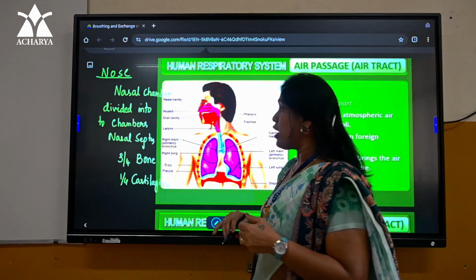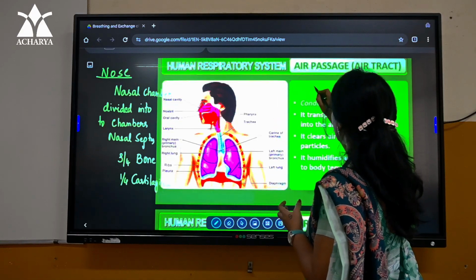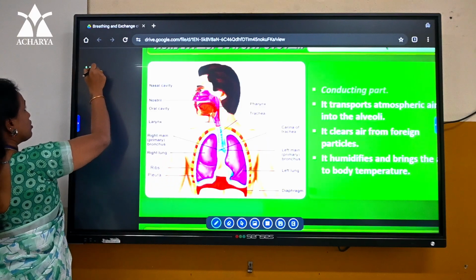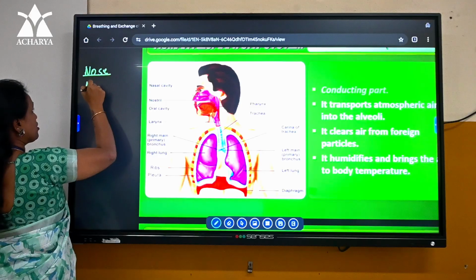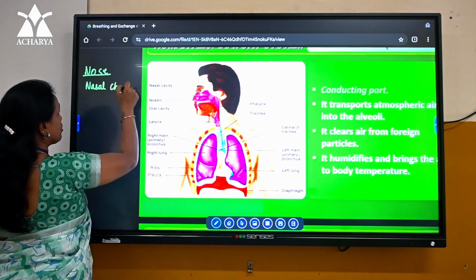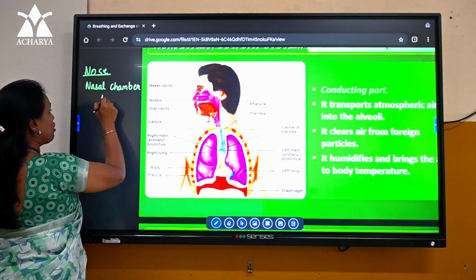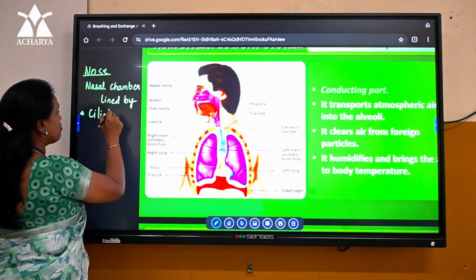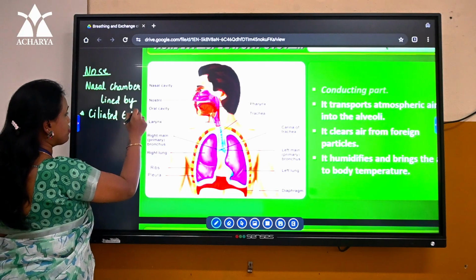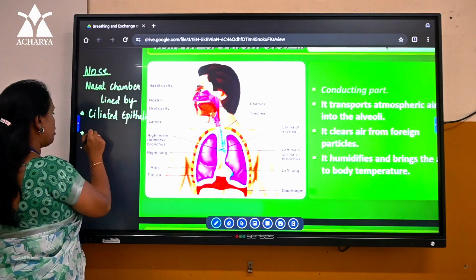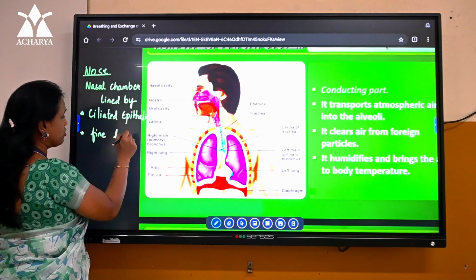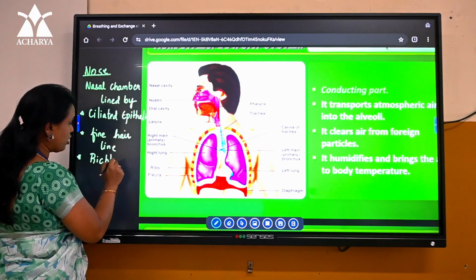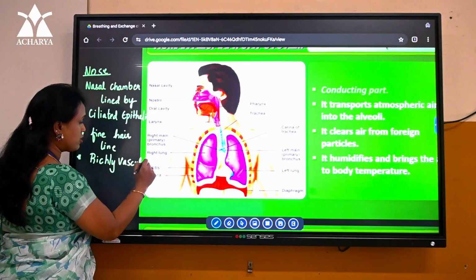That is one benefit. And coming to purification, if we take the example of the nose, each nasal chamber, as we discussed, is lined by ciliated epithelium, a fine hairline, richly vascularized or highly vascularized.